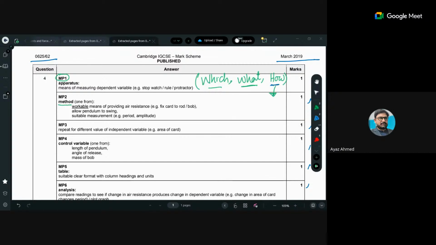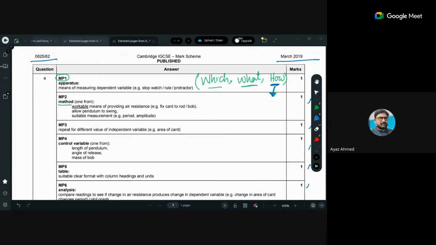This how is then related to the next point: if you know how to use the operators, it means you are going to describe the method of using the operators, right? So it is basically the method, or means of providing, whatever this experiment is related to air resistance.